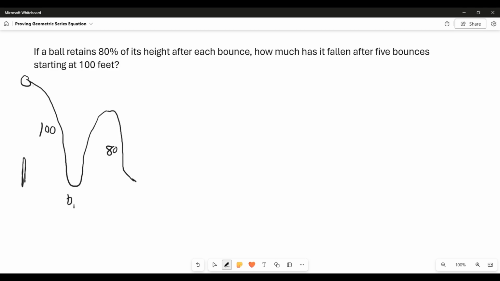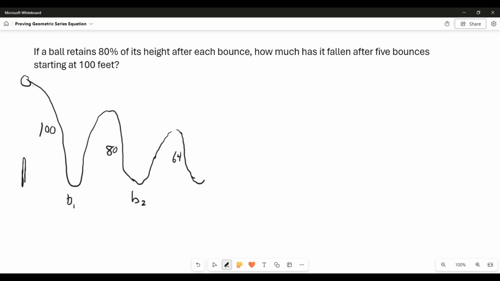Then it hits bounce 2. How much is it going up now? It's going up 80% of 80. So you multiply 0.80 times 80, and you're going to get 64, which means that it is now going to fall 64 feet.